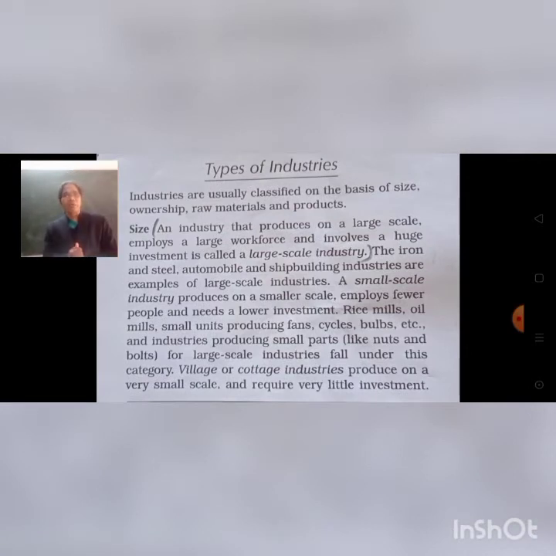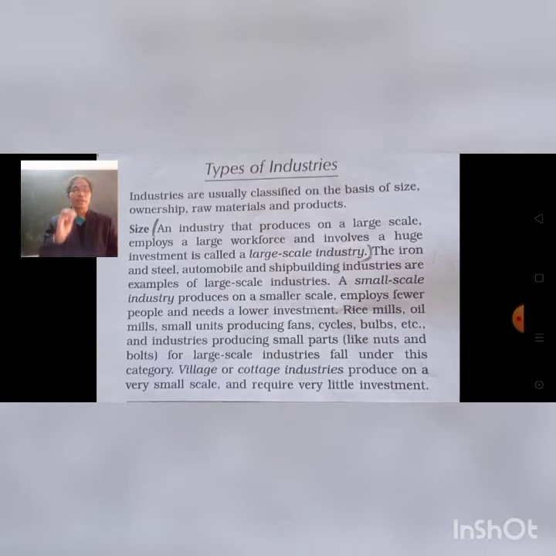See, size. We know that an industry that produces on a large scale, employs a large workforce and involves a huge investment is called a large scale industry. Again, what are large scale industries?